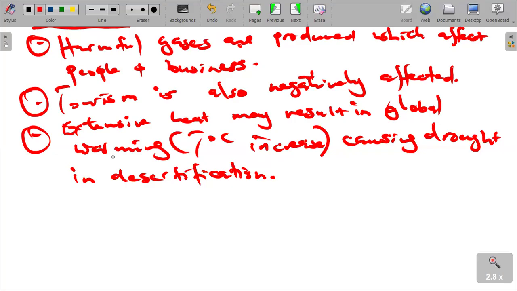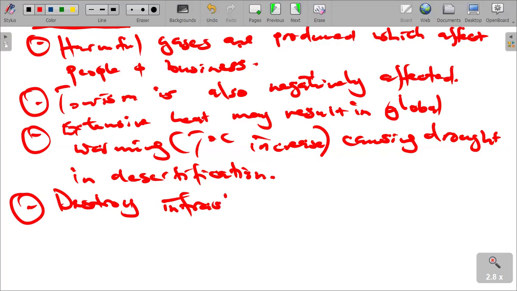Even infrastructural destruction: the volcanic eruptions will also destroy infrastructure. The roads are destroyed because of that.